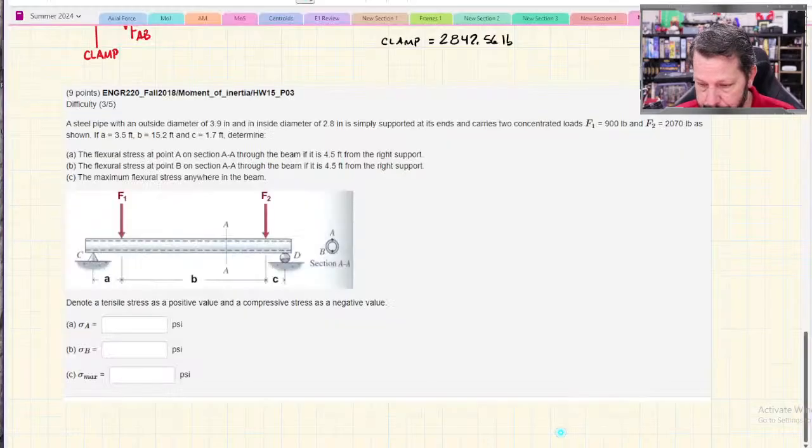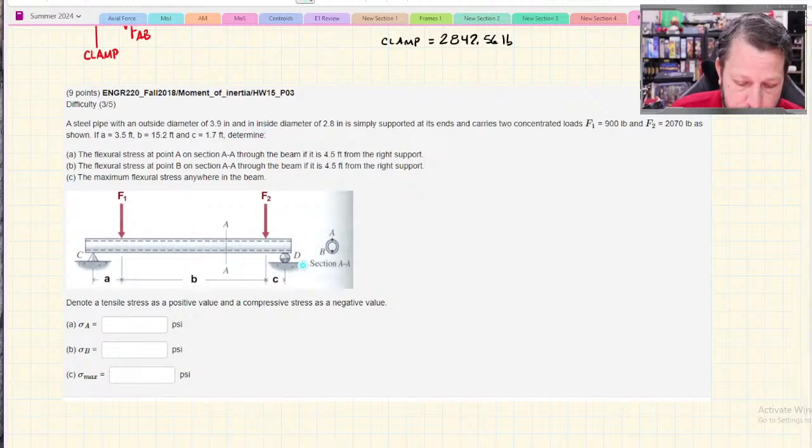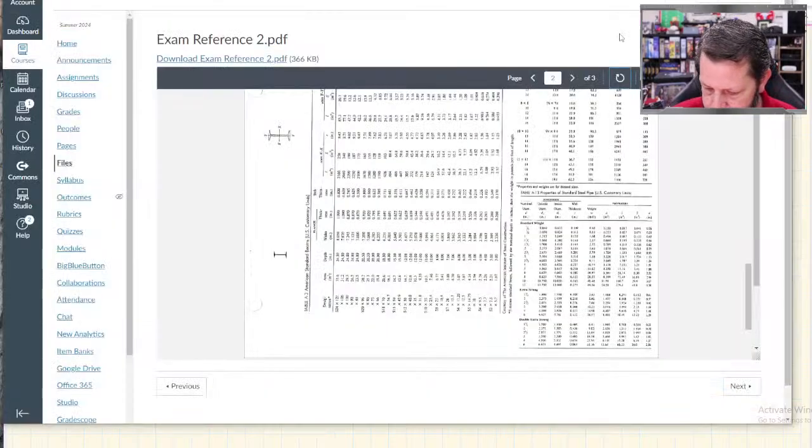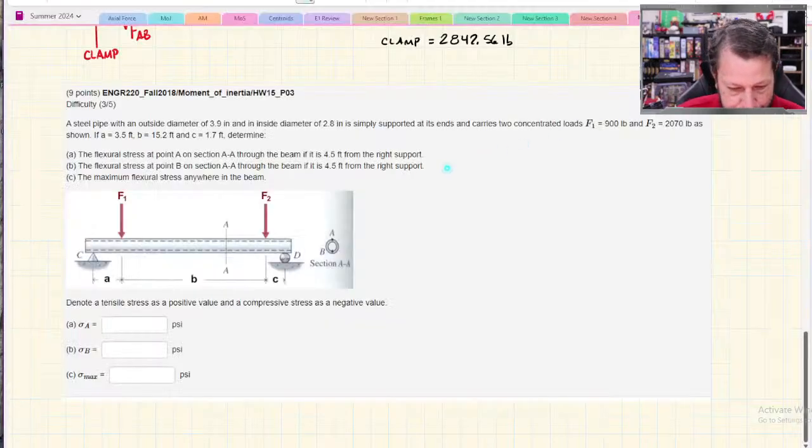This problem actually gives us the outside and inside diameter, so we don't have to do that. But if you had a nominal steel pipe, there are 3 categories: standard, extra strong, and I don't remember the other one. Double extra strong. This one we just use these numbers though.